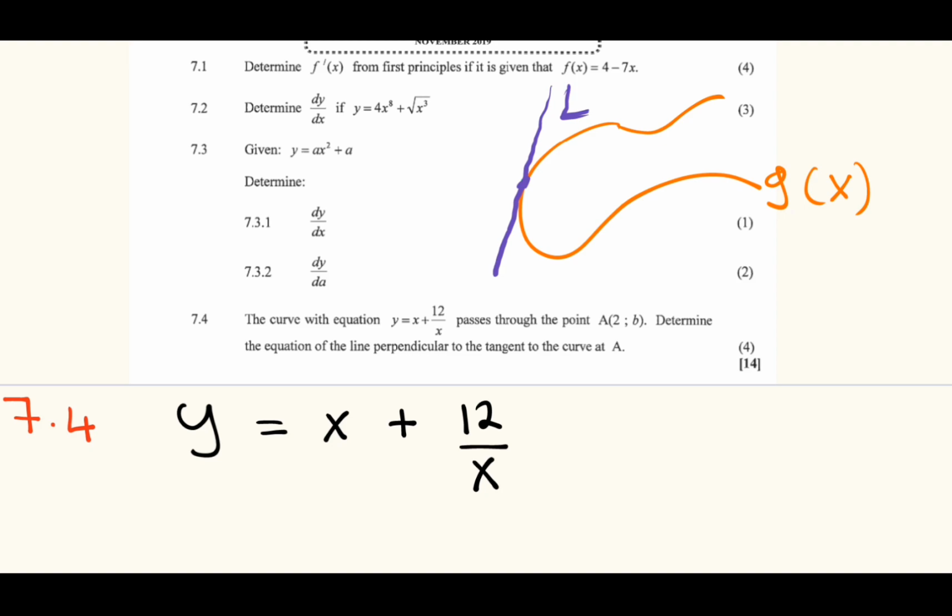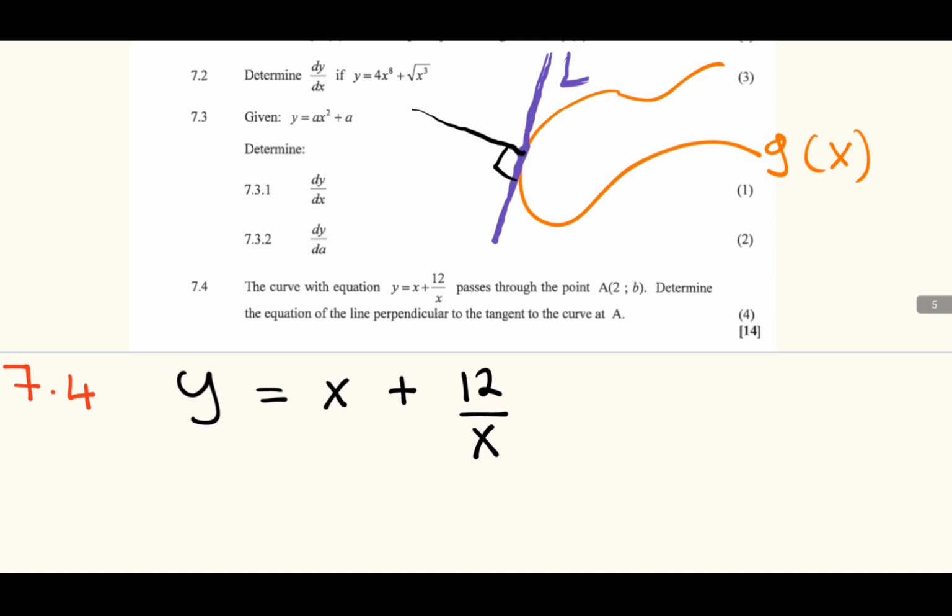And they also share the same gradient. So if we can find the gradient of g of x at this point, we will have found the gradient of L. But we are not looking for the equation of this. We are looking for the equation of the line which will be perpendicular to L at this point.